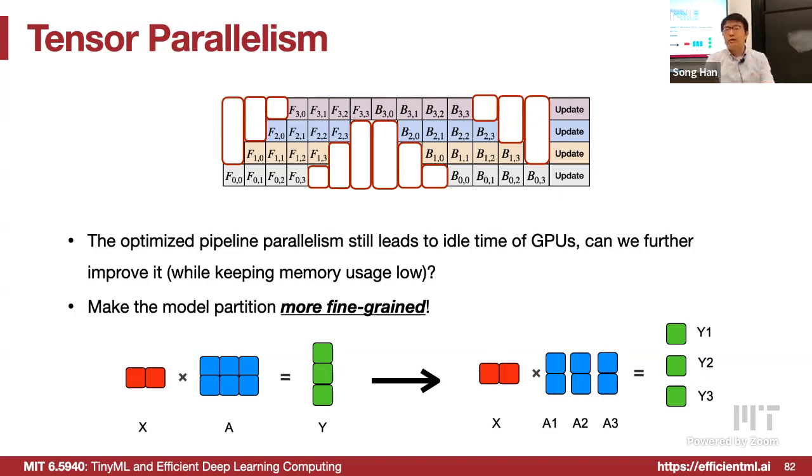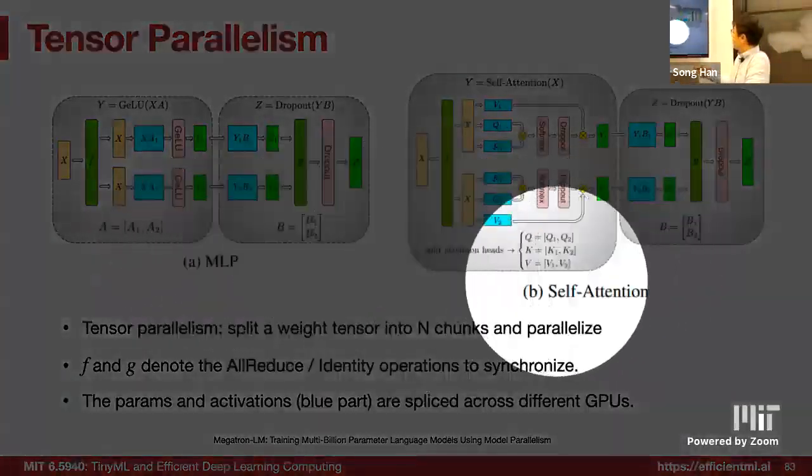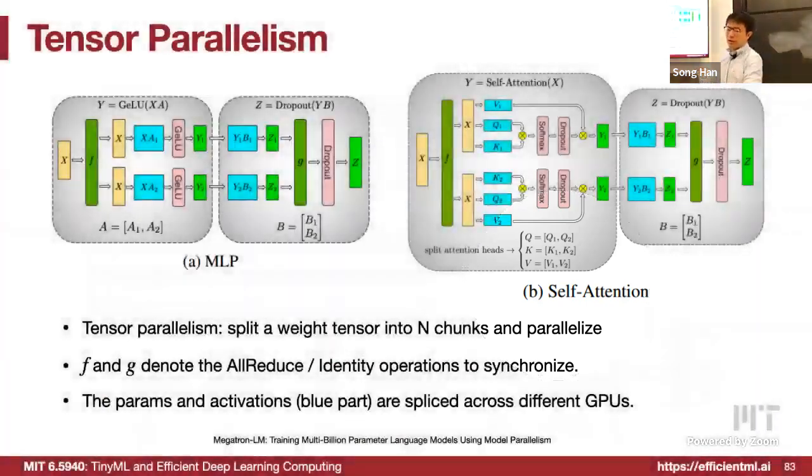And that fits perfectly for large language models. So this is the illustration of tensor parallelism in Megatron, including both the MLP layer and also the self-attention layer. Here, what do we want to minimize? Minimize the communication, since compute is cheap, communication is expensive.